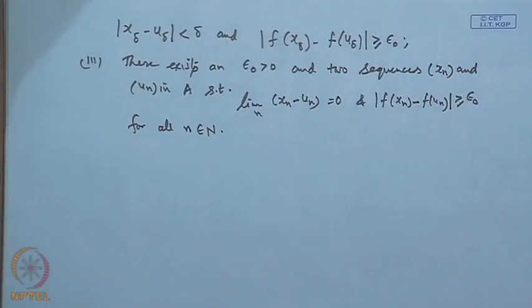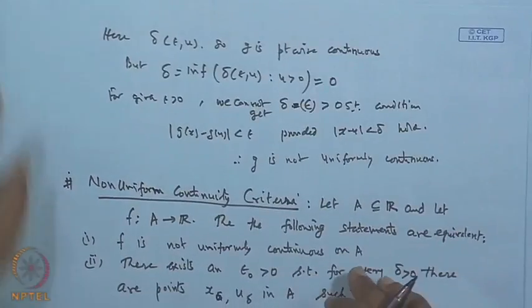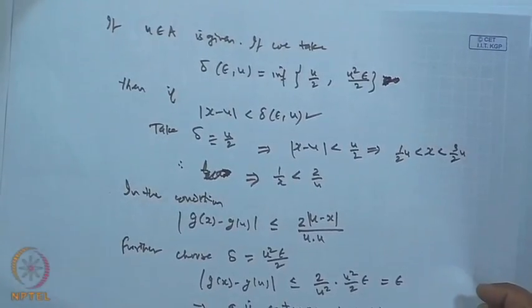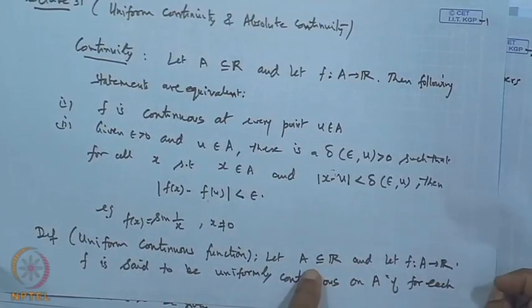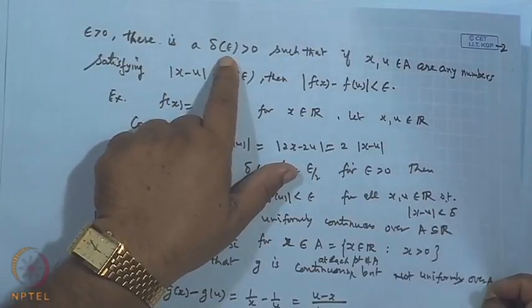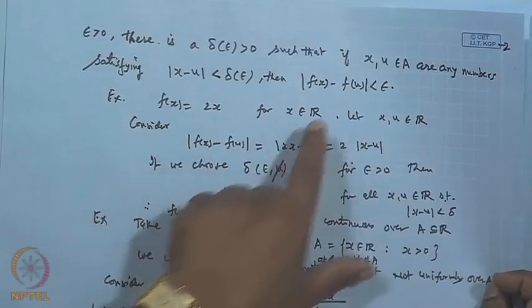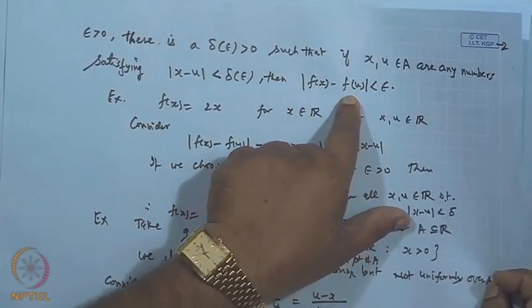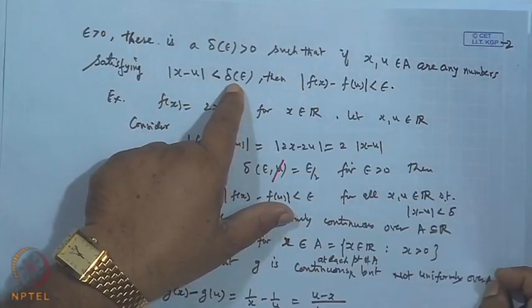Let us see what this is. The uniform continuity criterion says if the function is not uniformly continuous, then by definition, a function is said to be uniformly continuous over the set A if for each epsilon there exists a delta which depends only on epsilon, such that the difference of f x minus f u can be made less than epsilon, provided the points are in the delta neighborhood.